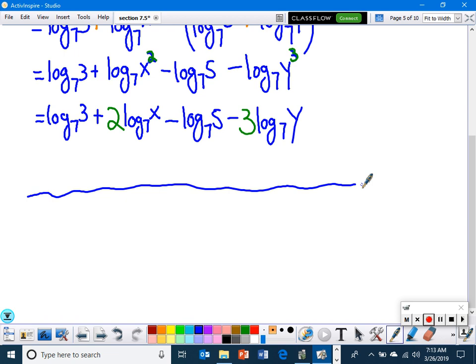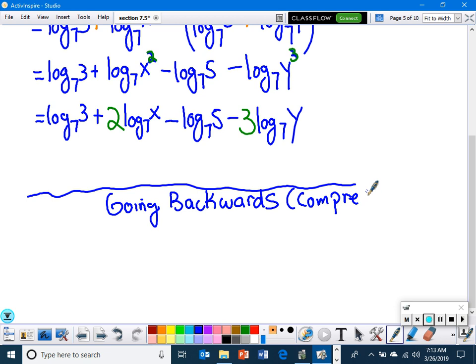All right, let's go backwards. We're going to compress it back together. So let's say this is our problem. We have log base 8 of 4 plus log base 8 of x plus 4 log base 8 of y minus 5 log base 8 of z. Notice the base always has to be the same.